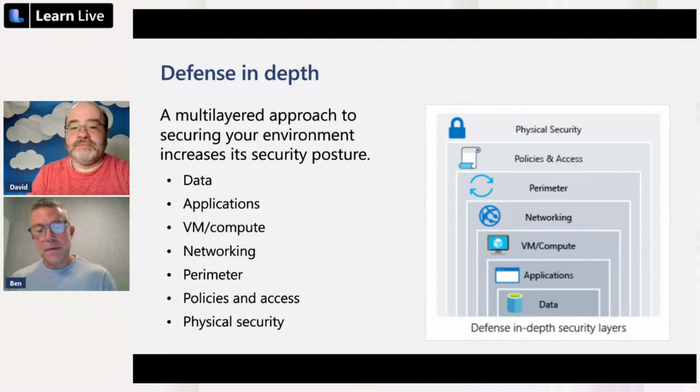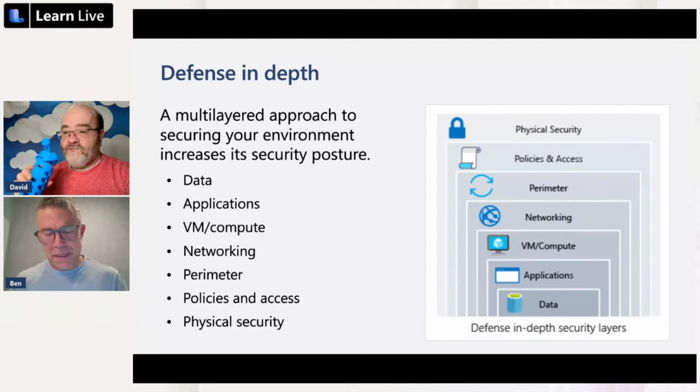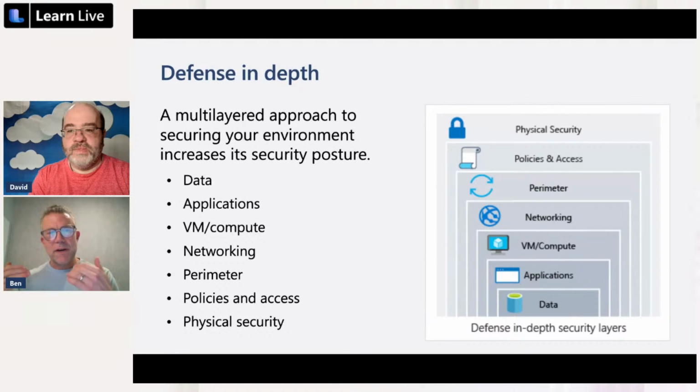I think with defense in depth, this is something we talk about a lot in security, and zero trust is another big one. But defense in depth is interesting because what we're really talking about is ensuring that there are varying levels of security, so that you lock the doors, of course, but then there are also the other aspects.